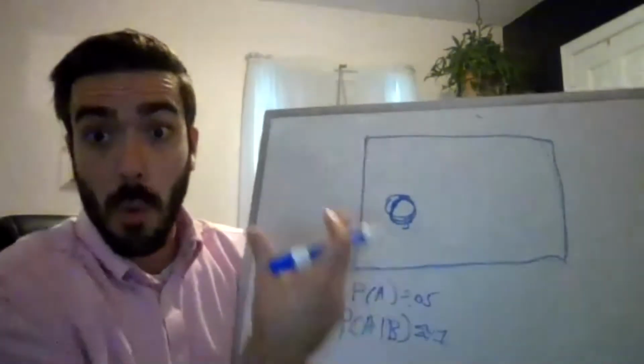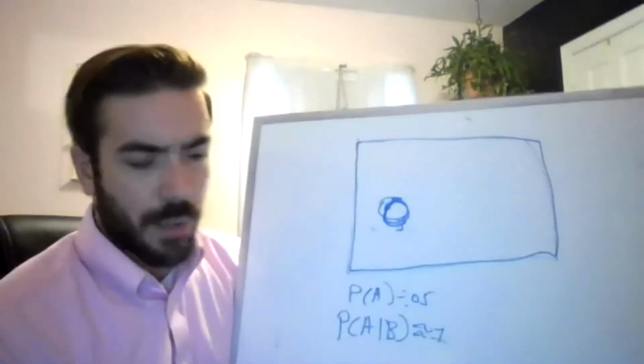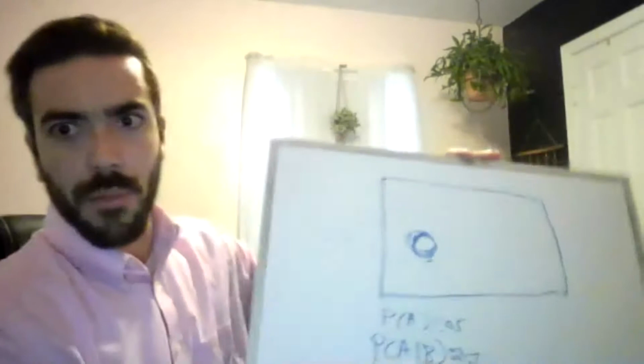These circles almost exactly overlap. If you have really overlapping events with a really high intersection, it makes sense that if you tell me one of the events has occurred, then the probability the other one occurs also went way up, because they have such a high intersection.